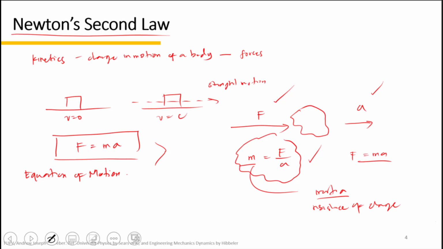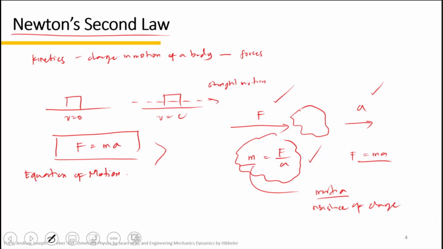Meaning that if an object is at very, very high speed, especially approaching the speed of light, the phenomenon is quite or completely different. There is a phenomenon called length contraction and time dilation. So Newton's second law breaks down at those speeds.